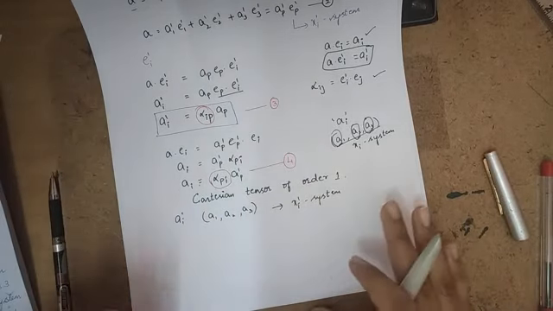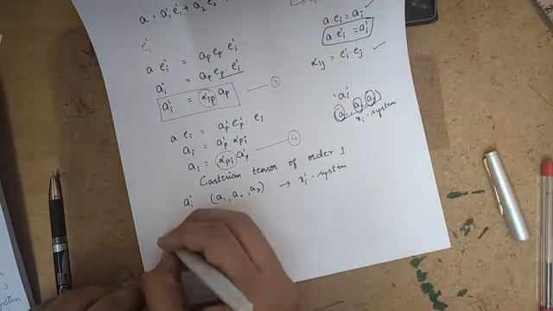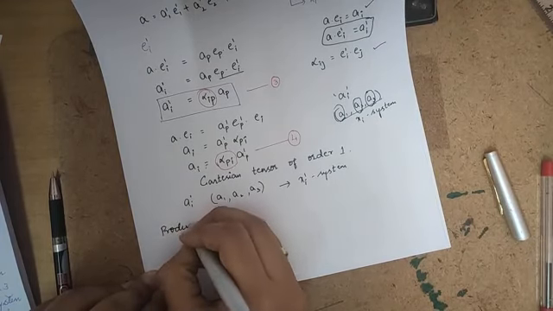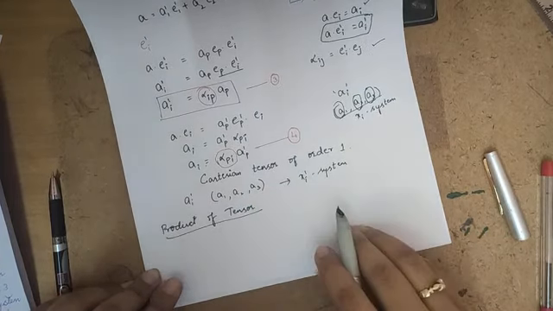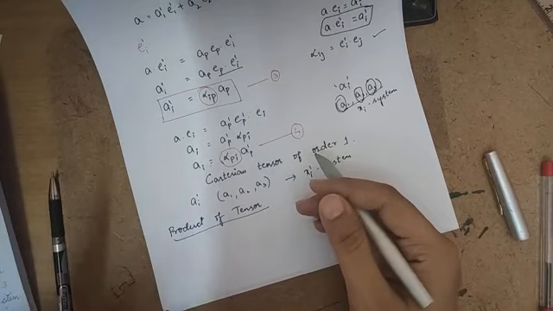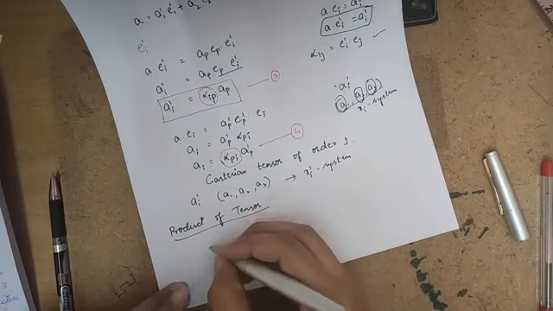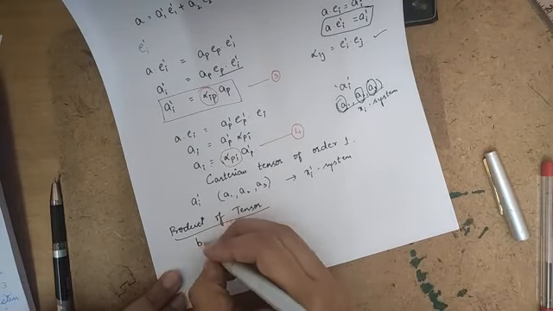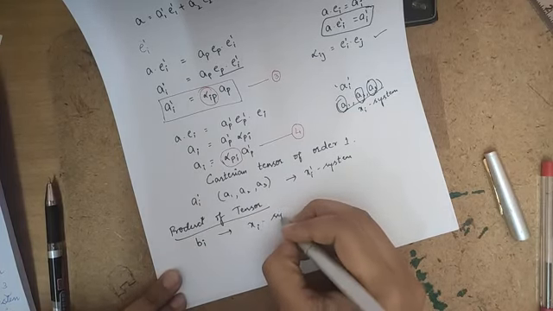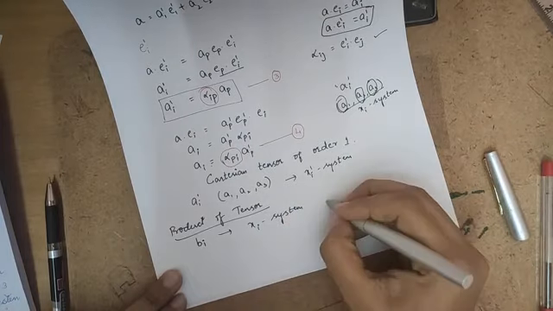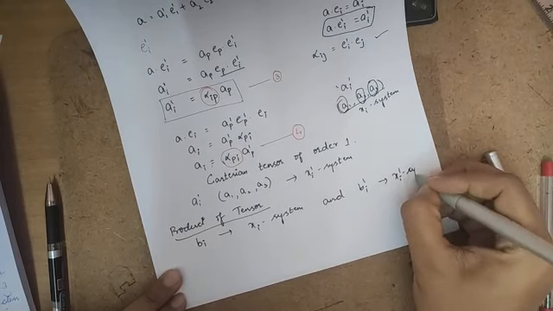Now let's define the tensor product, that is the product of two tensors. We know that in order to take a product we need at least two terms. So here I am considering one triplet as Bi, an ordered triplet in the xi system, and Bi prime is the ordered triplet for the xi prime system.